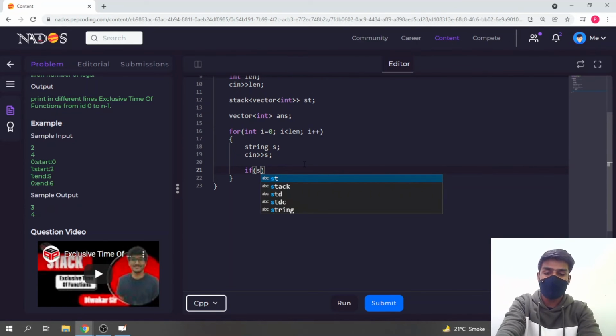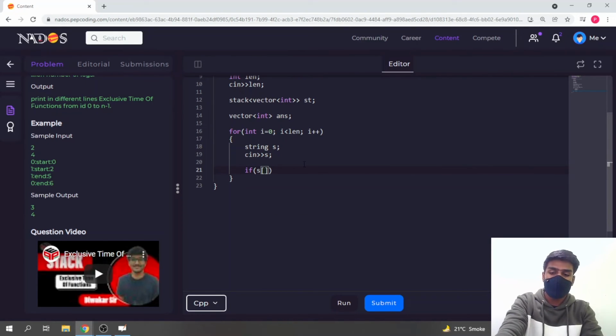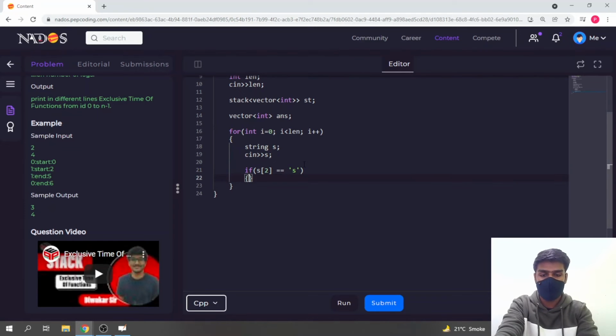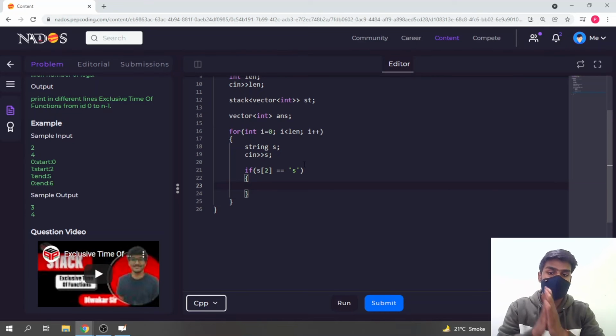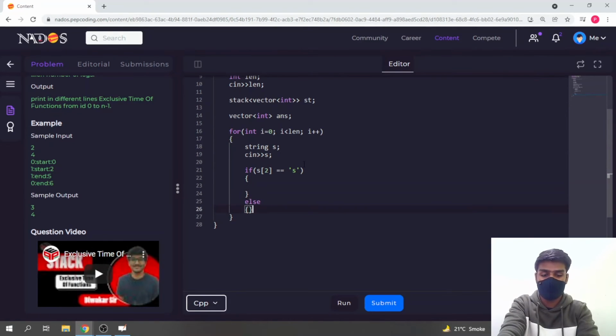If at index 2 of the string there is an s, s means it is a start. If it is an s, then I will understand that it is the start of a function, and else it is the end of the function.